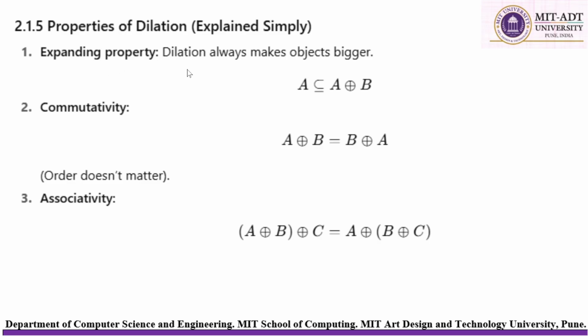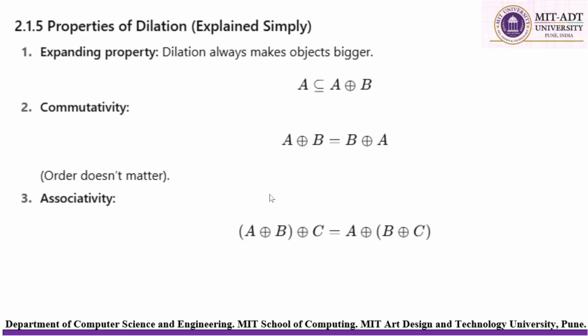Okay, these are certain properties of dilation. First, the expanding property: dilation always makes the objects bigger. That is the basic property of dilation, so it is called the expanding property. A is a subset of A XOR with B. Then the commutative property: when I perform the XOR between two sets, or two images, or an image and your structuring element, the order of the XOR operation doesn't matter.